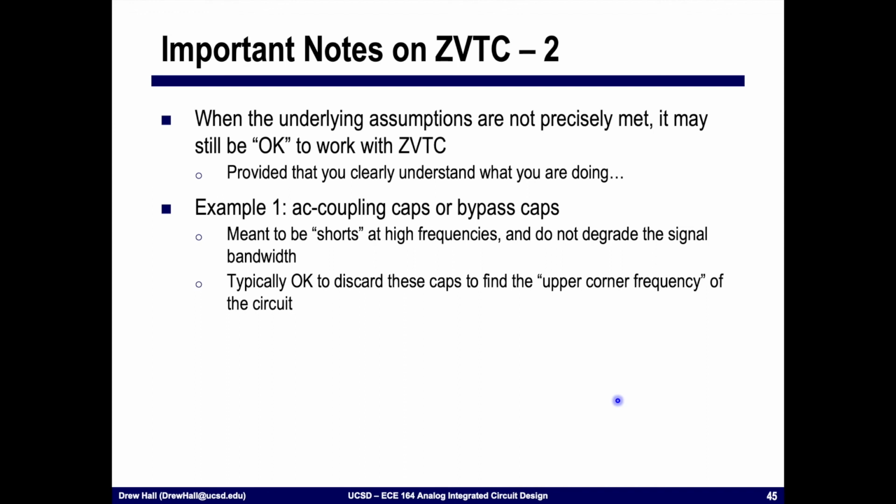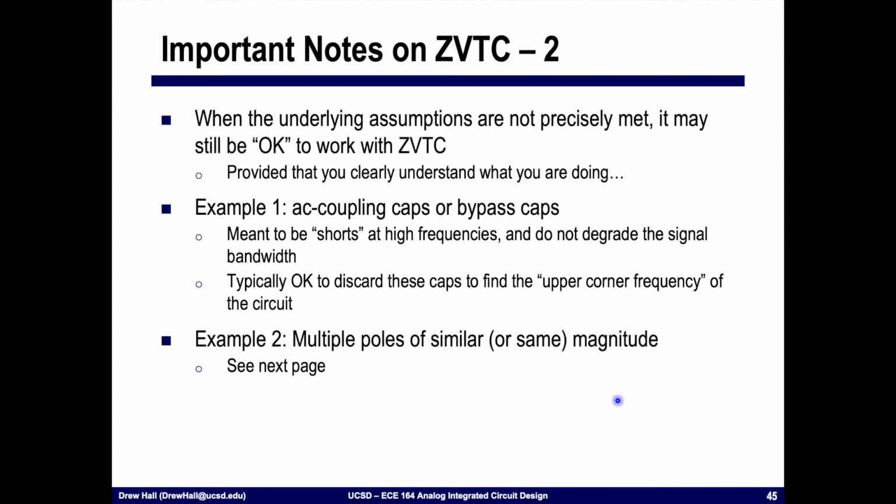If we were to accidentally leave one of these capacitors in, it would give rise to another time constant, which would incorrectly calculate the bandwidth. Okay, so it's important that we make sure that we've properly conditioned the circuit.